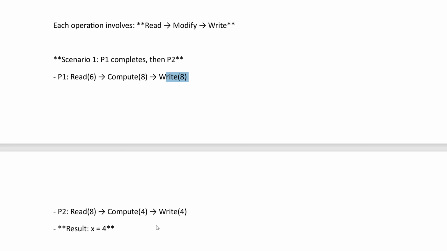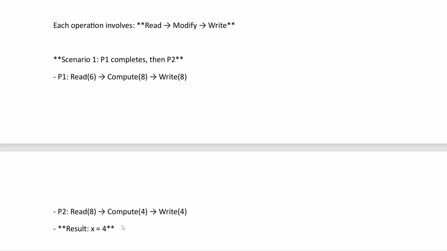So 8 minus 4 is 4. It will compute the value of x as 4, and then it will write the value as 4. Result will be 4. This is the final value that has been written by process P2.